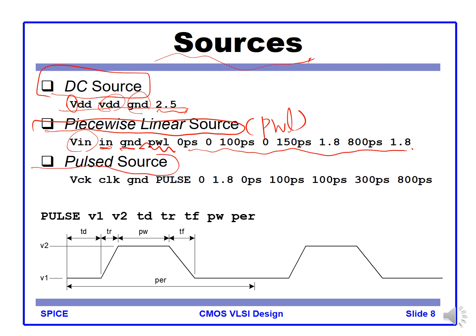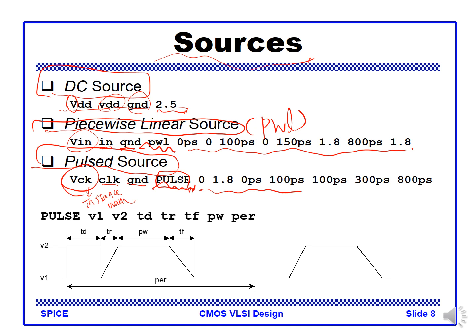Okay, we can also have a pulse source. Pulse is the keyword that says this is a pulse source. This is the name of the voltage, the pulse source instance name, right? This is the net name between two nets.